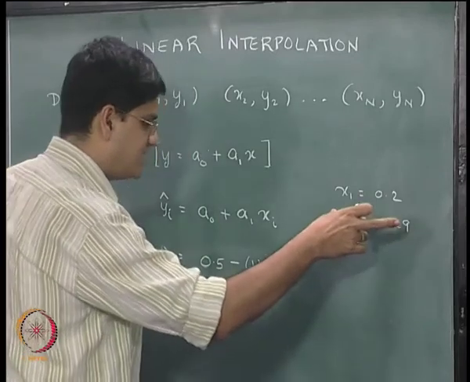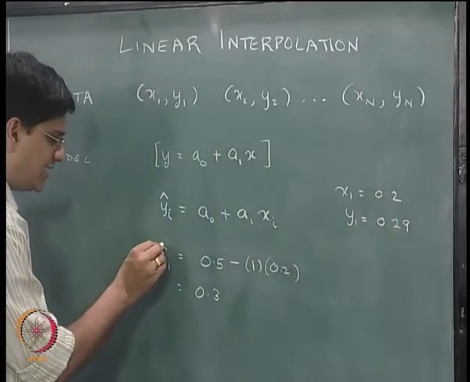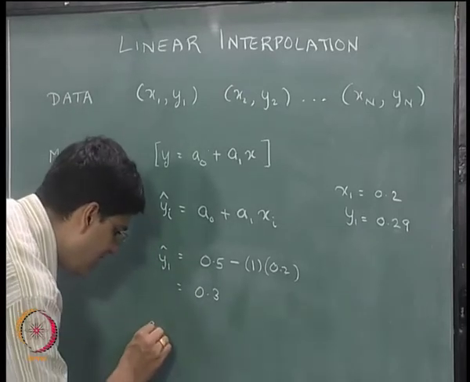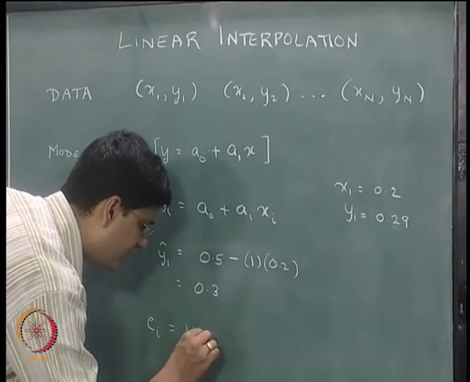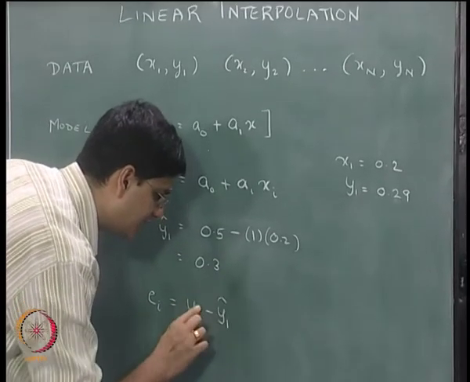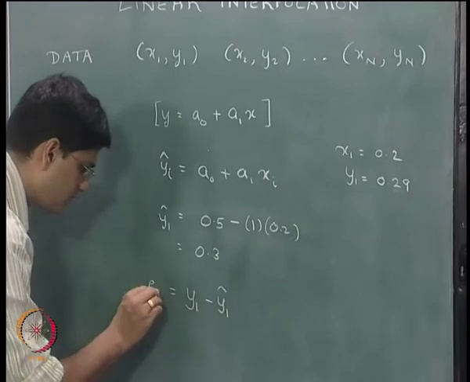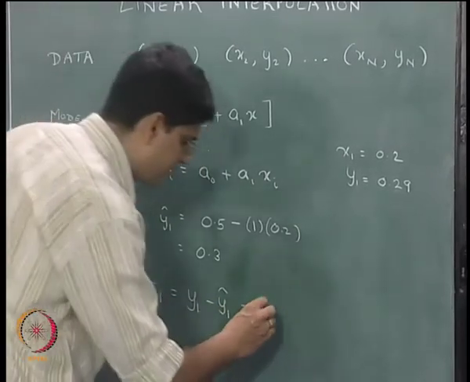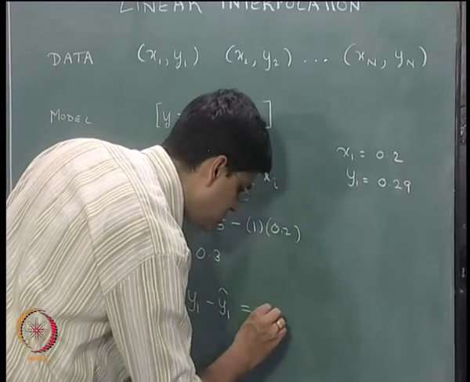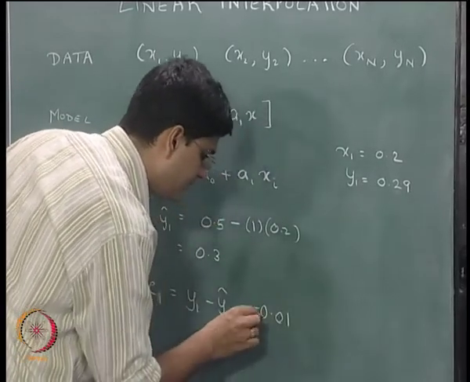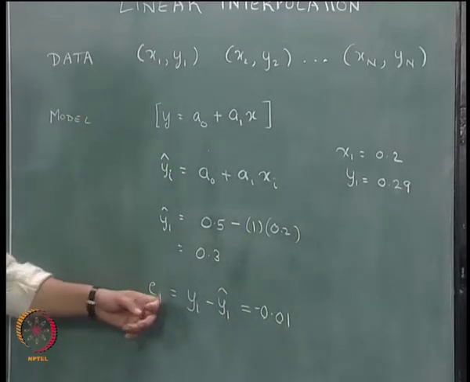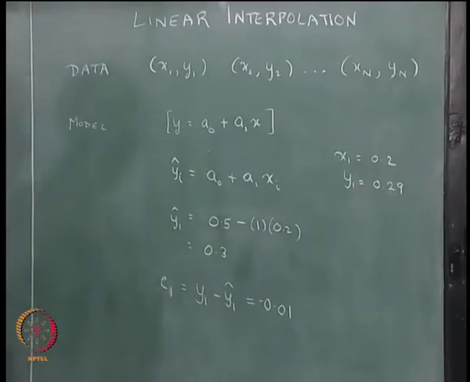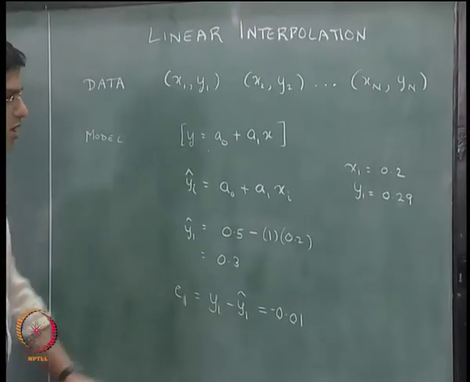This y1 is data, this y1 hat is the model prediction, okay. So, the error ei is the difference between y1 and y1 hat, okay. And in this example, the error is minus 0.01, okay. That is the error in between the data and the model prediction of that particular data, okay.